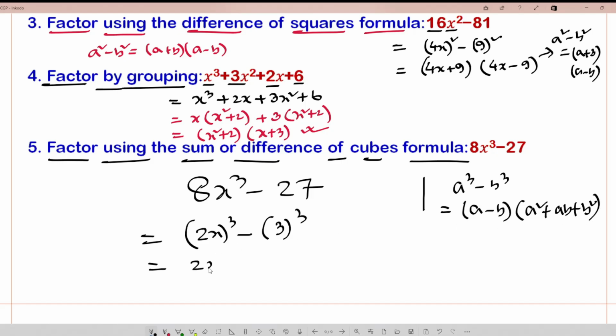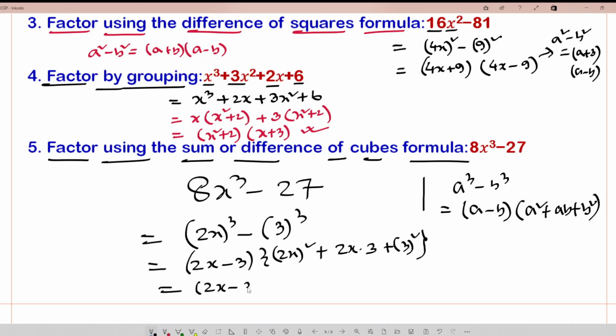Similarly, 2x minus 3 and then 2x square plus 2x times 3 plus 3 square. So 2x minus 3, and here is 4x square plus 6x plus 9, and this is our answer, right?